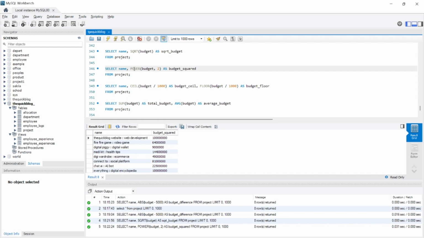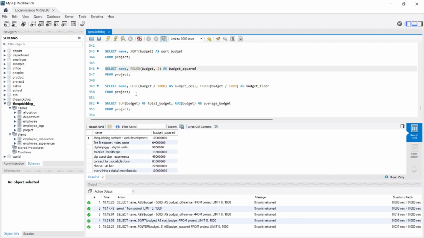Now our next function is CEIL. It is a bit similar because it rounds a number up to the nearest integer. We are going to select name, and this is the function, budget divided by 1000 as budget_ceil, and then we have another, that is floor, budget divided by 1000 as budget_floor.